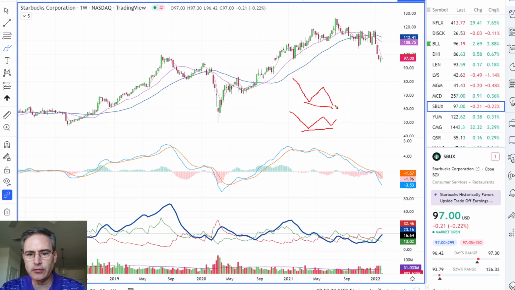We always look for confirmation in price before doing anything with this type of divergence. In fact, with any type of divergence or any signal, I'm almost always going to wait for the price to confirm.